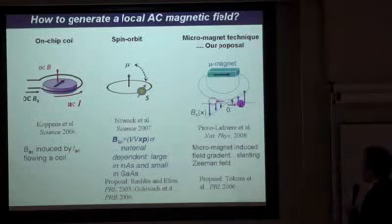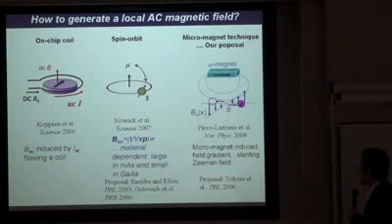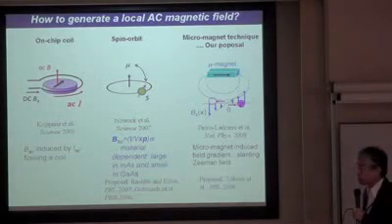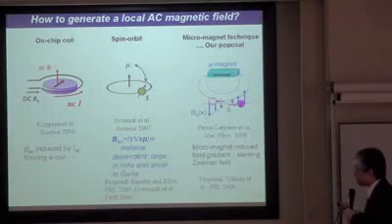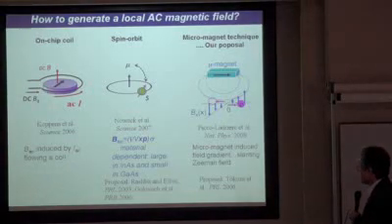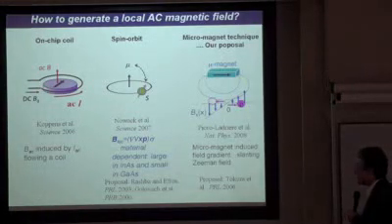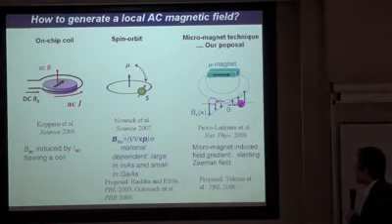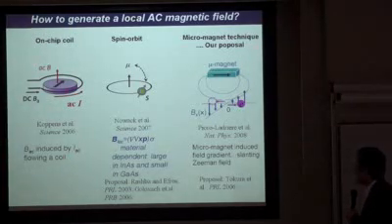There are already a couple of demonstrations. The straightforward approach is to make a very tiny coil on top of a quantum dot holding just one electron, and then inject an AC current to induce an AC magnetic field perpendicular to the plane of the quantum dot. This is well demonstrated by the Delft group.